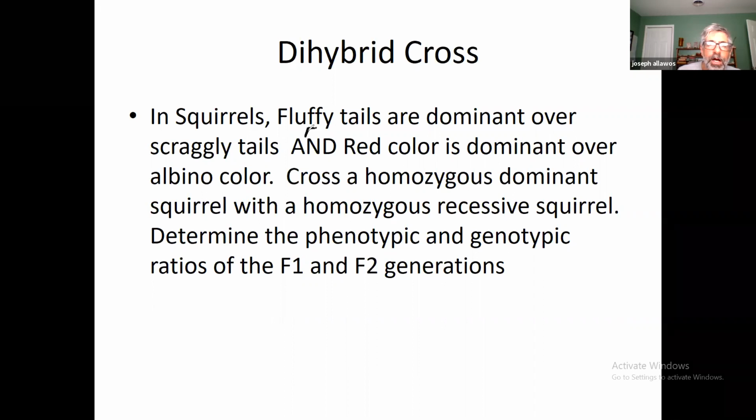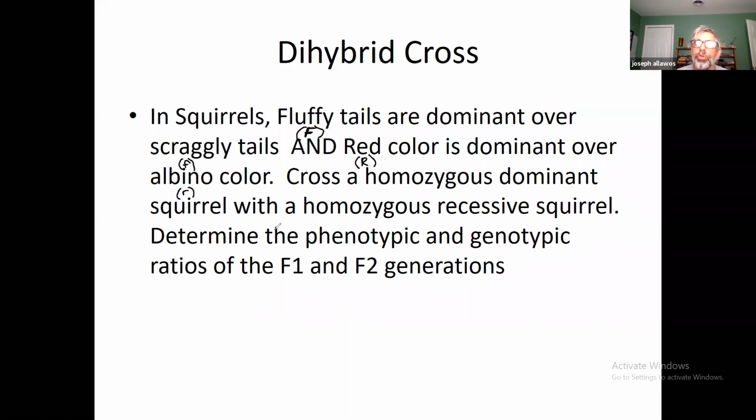And so fluffy is dominant, so we'll use a big F for fluffy and a little f for scraggly. And then red is also dominant, so we'll use a big R for red and a little r for albino. So we've assigned the alleles.